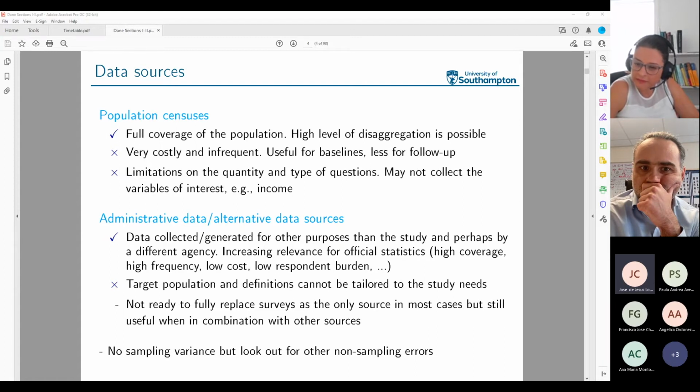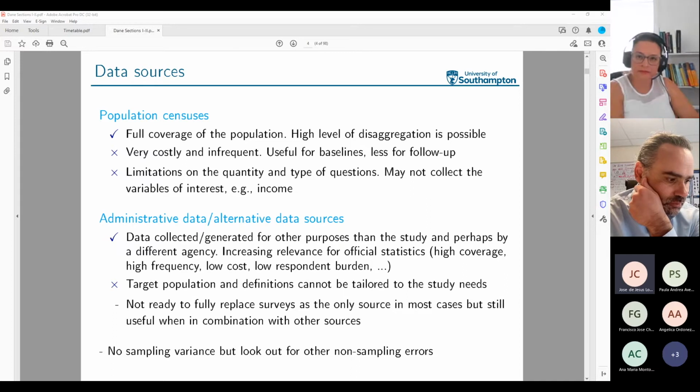And we have also worked with time references. I think that this is also a common challenge in administrative data.